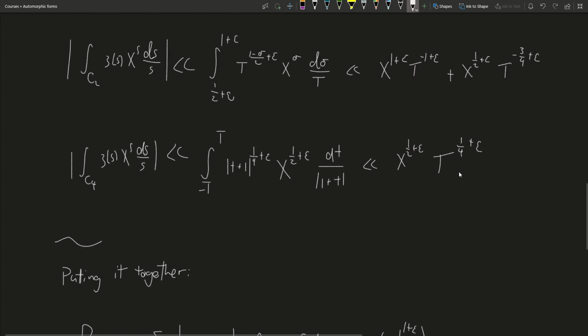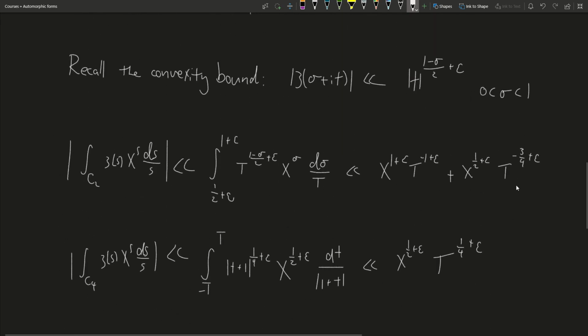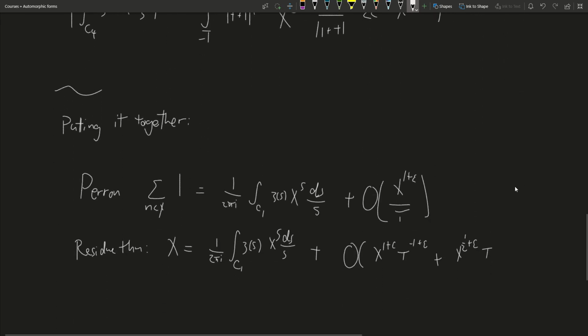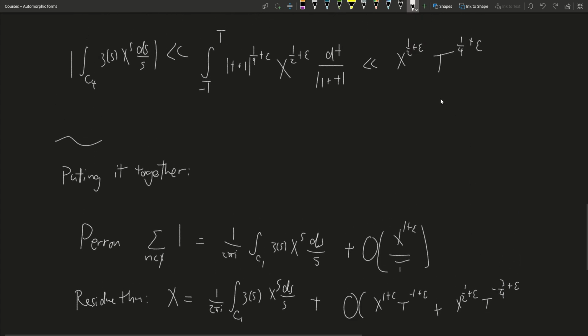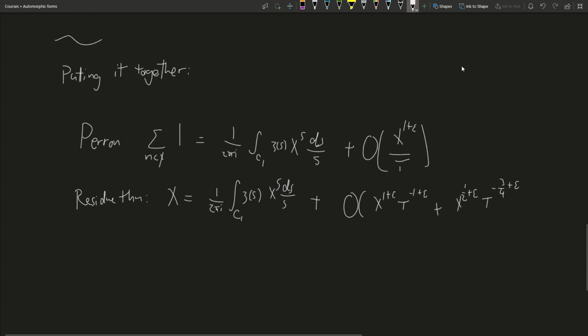C2 and C3 gave us x to the 1 plus epsilon t to the minus 1 plus epsilon plus x to the 1/2 plus epsilon t to the minus 3/4 plus epsilon. And then the integral along C4 was x to the 1/2 plus epsilon t to the 1/4 plus epsilon.